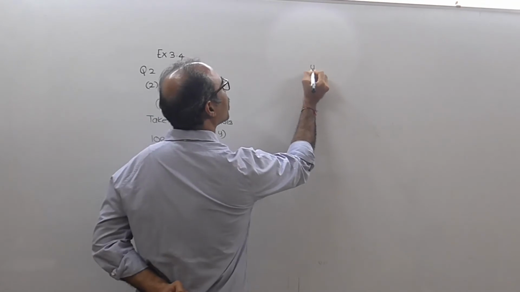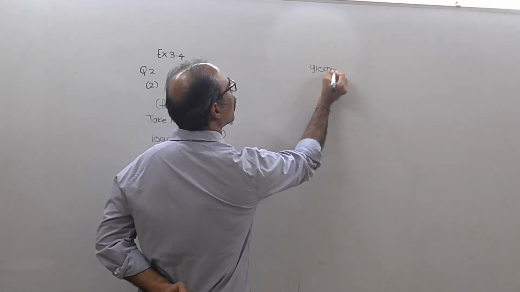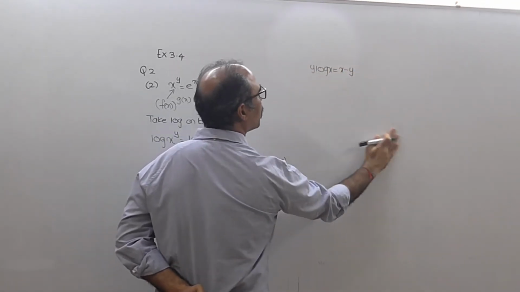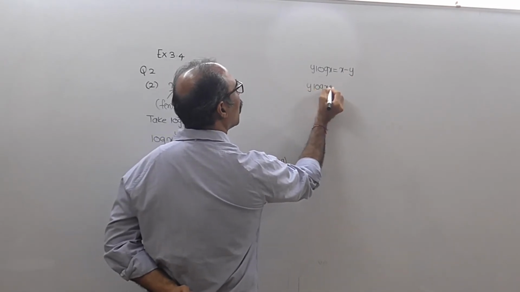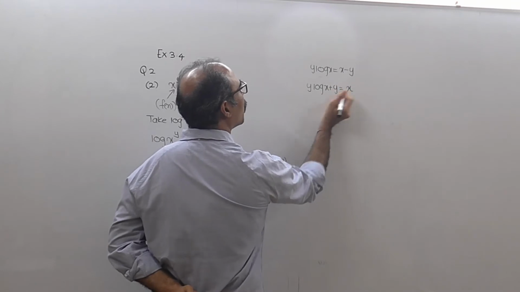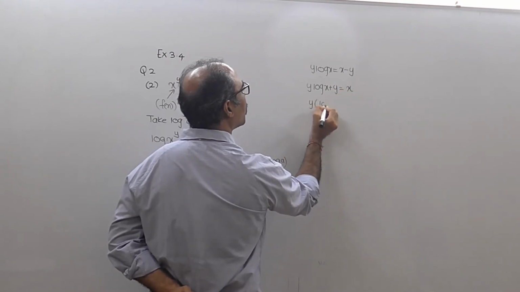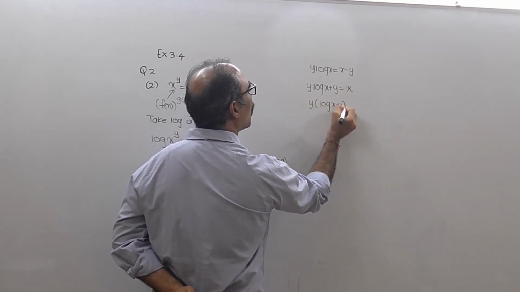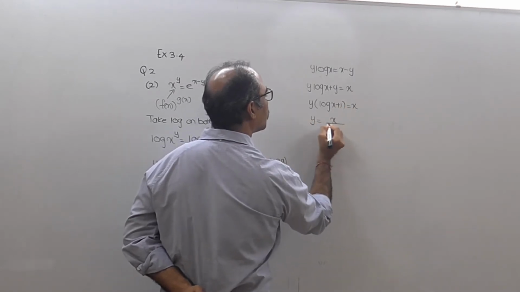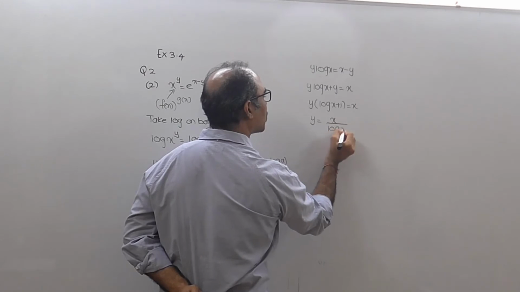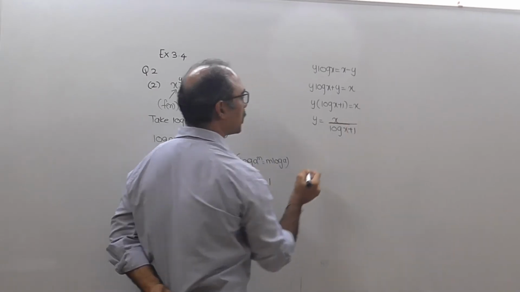So we get y log x equal to x minus y. What you have to do is y log x plus y equal to x. Take y common. You get y times log x plus 1 equal to x. So you have y equal to x, the whole upon log x plus 1.